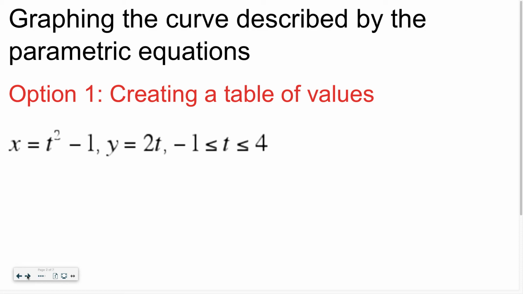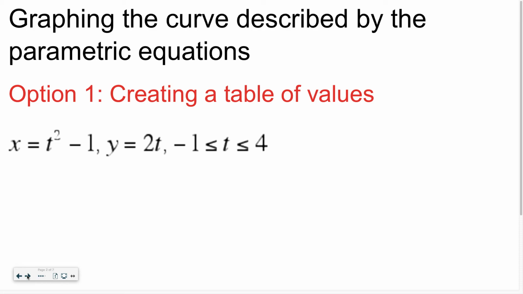Please write down this set of parametric equations, and I give you a domain restriction. When we talk about the domain of a parametric equation, we talk about what t is restricted to, because that would be our input variable.